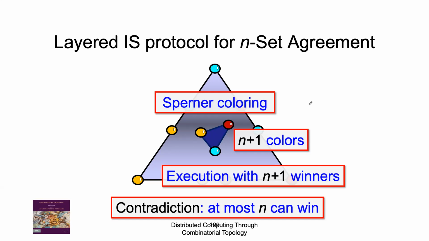Those of you who took the class on distributed computing, distributed algorithms, might remember the impossibility proof for consensus, which is a special case of k-set agreement, with k equals 1. And there, the impossibility was operational. It was proposed in 1985 by Fischer, Lynch, and Paterson, and they explicitly constructed an execution in which no decision can be taken, using the language of valencies.